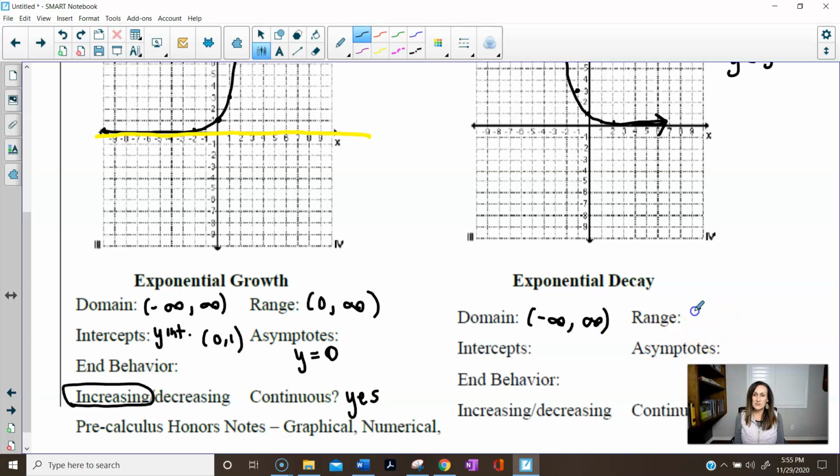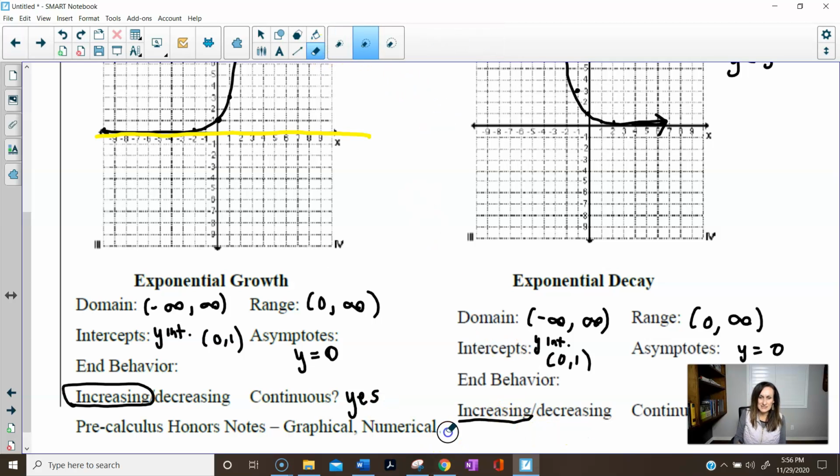The range is also going to be 0 up to infinity. The intercept is the same, a y-intercept at (0, 1). The asymptote is y equals 0. The graph is not increasing, it's decreasing, which means from left to right, this graph is moving downward. And yes, this graph is continuous.